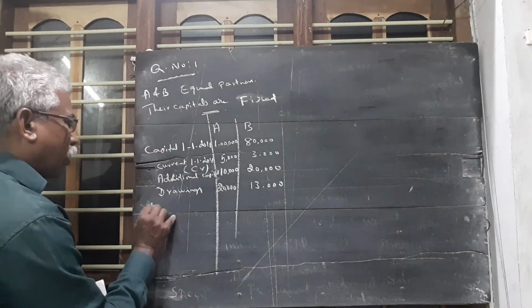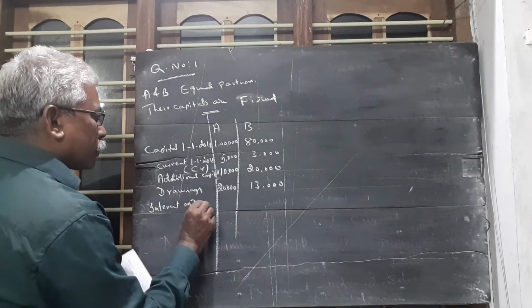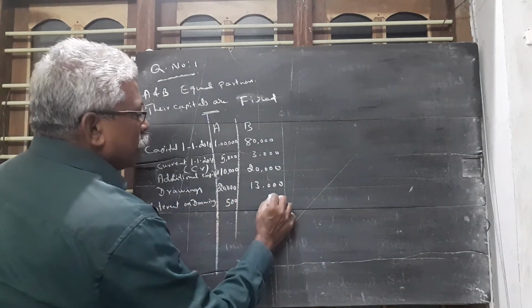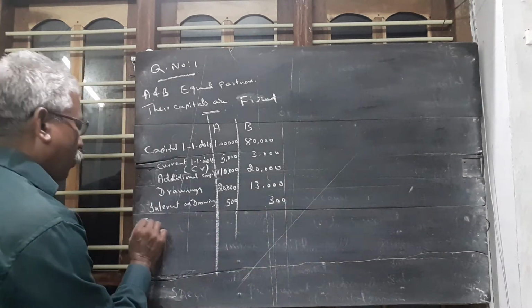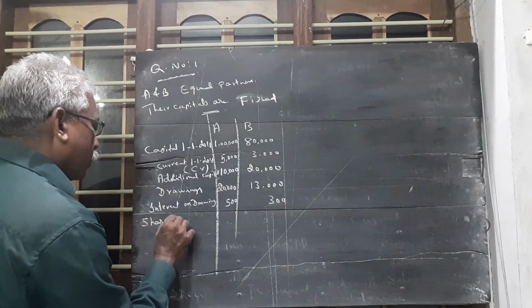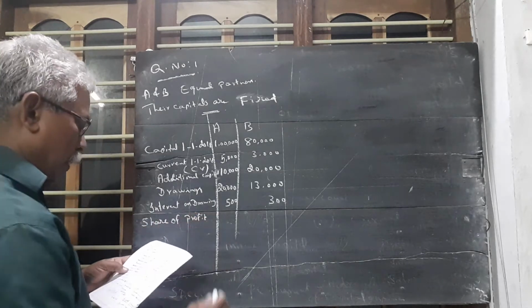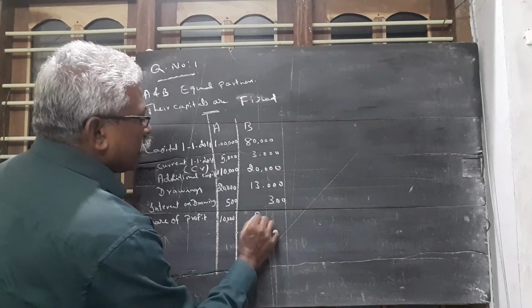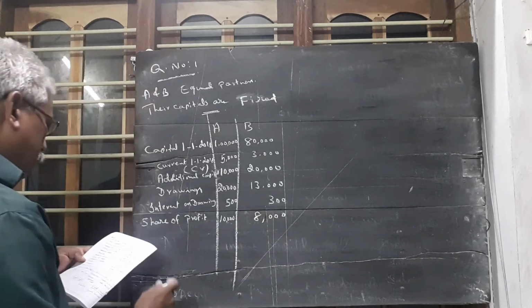Then interest on drawings: A is 500, B is 300. Then share of profit, 10,000 and 8,000.